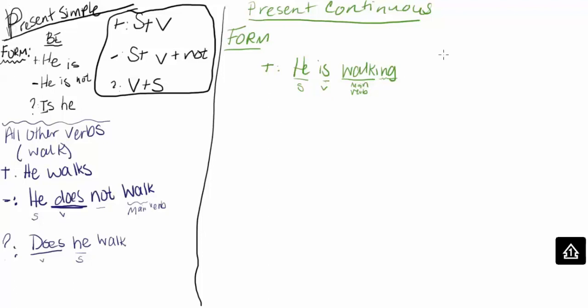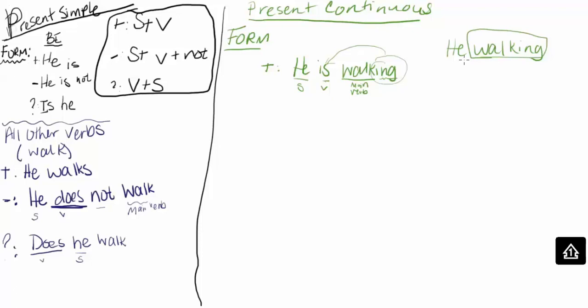But in order to use this ing form, I have to have is, are, and am. They have to go together. You can't just say he walking. Walking by itself is nothing.